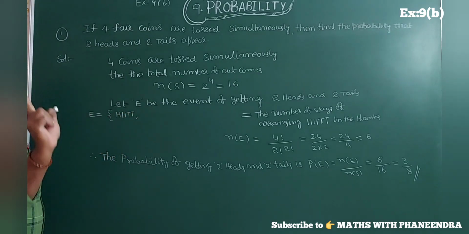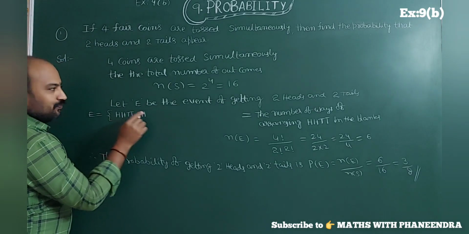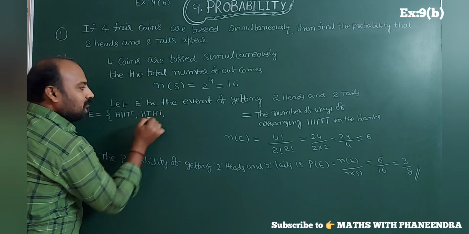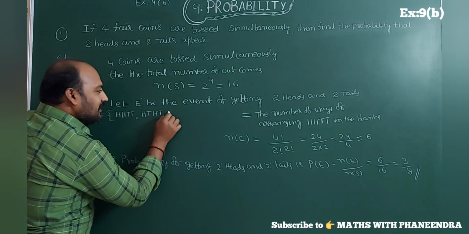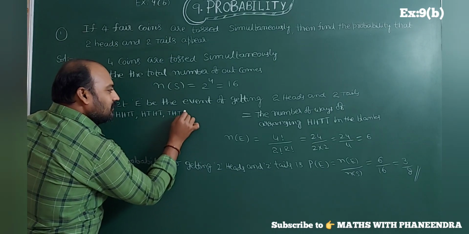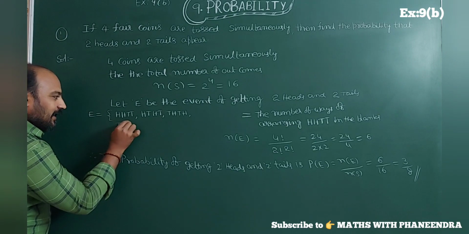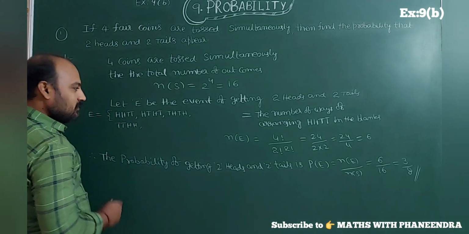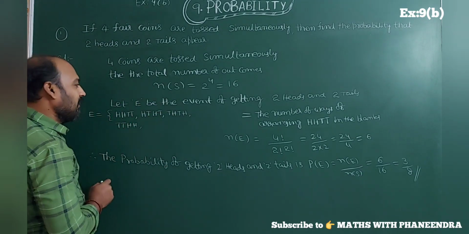HHTT, one possibility. Can we write like this now? HTHT. Next, interchange these places: THTH. Next, interchanging these completely: TTHH. Just the places we are changing, but 6 possibilities we will get in that way only.